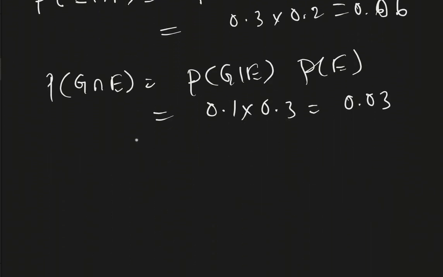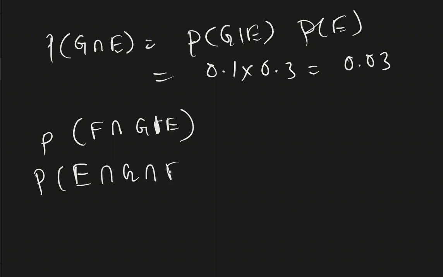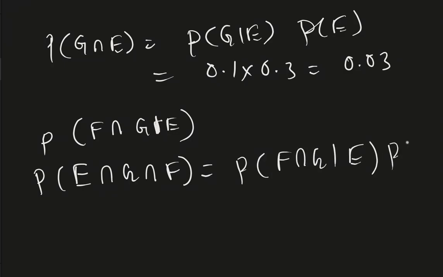Another thing is given, P of F intersection G given E. From here we can calculate P of E intersection F intersection G. That will be P of F intersection G given E into P of E, that is 0.05 into 0.3, that is 0.015.